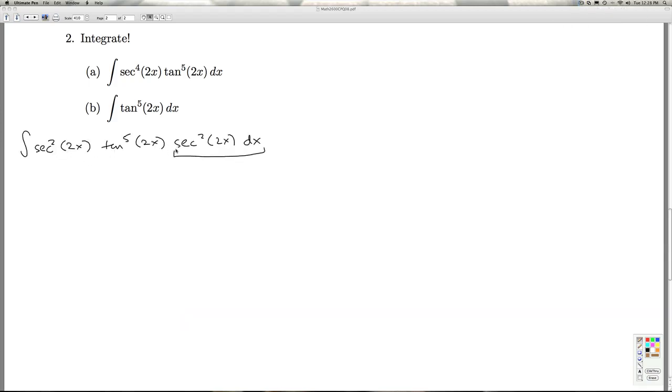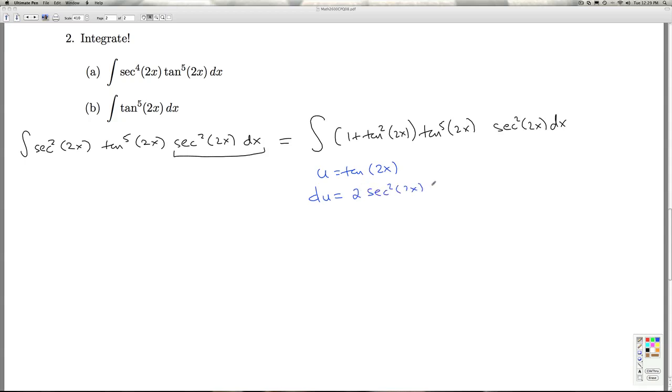So here's the integral again. I've spared a secant squared factor from the integrand, and now I'm going to convert everything that's left over into tangents. And then I'll make the formal substitution. I'm going to let u be the tangent of 2x, so that the du is 2 secant squared 2x dx.